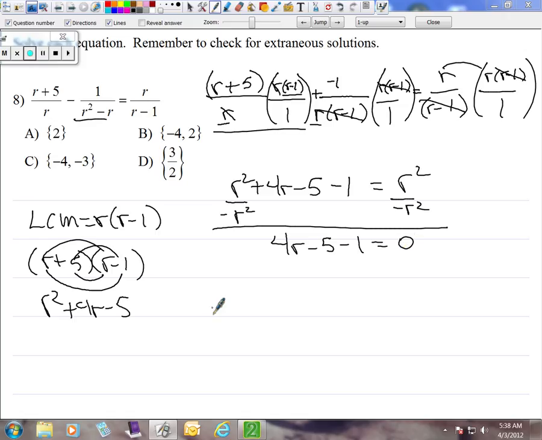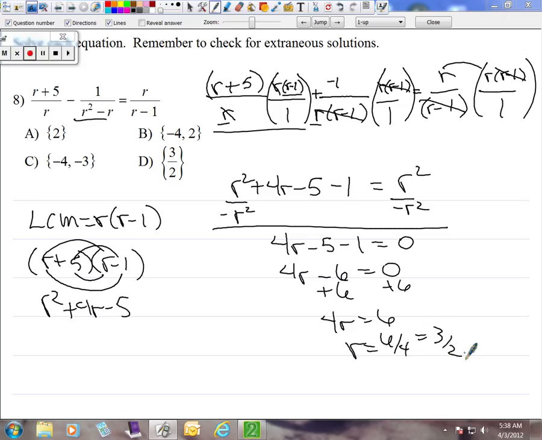Now we can solve that as a linear equation. And we have 4r minus 6 equals 0. If we add 6, we'll get 4r equals 6. We'll divide by 4 on both sides, and of course that reduces to 3/2.